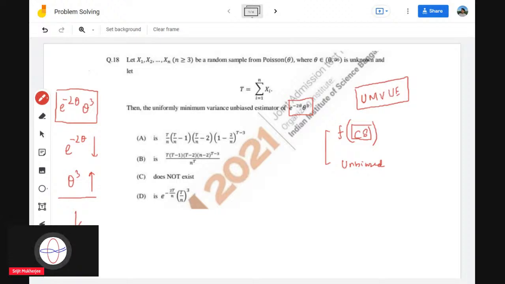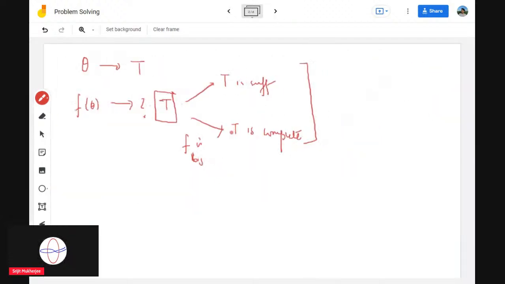At this point of time, you should be telling this. Good, it's bijective. Since it's bijective, T is complete and sufficient for f of theta, that is, in this case, e to the power minus 2 theta, theta cube.